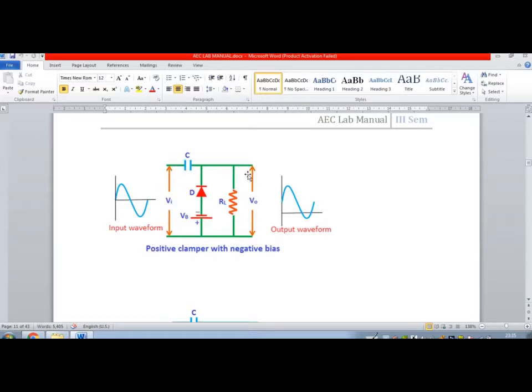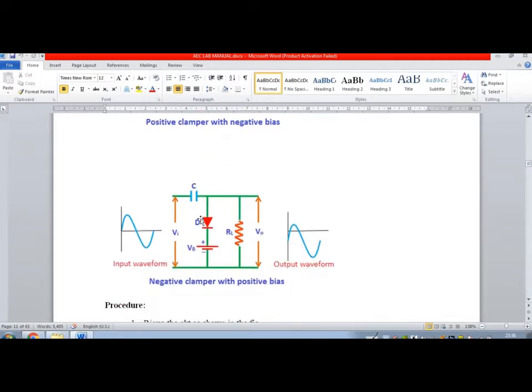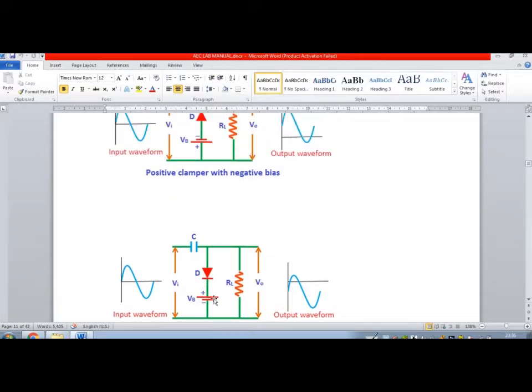This is the circuit of the positive clamper with negative bias, and this is the circuit for negative clamper with positive bias condition. According to the biasing voltage, the waveform will get biased in the positive region or in the negative region accordingly.